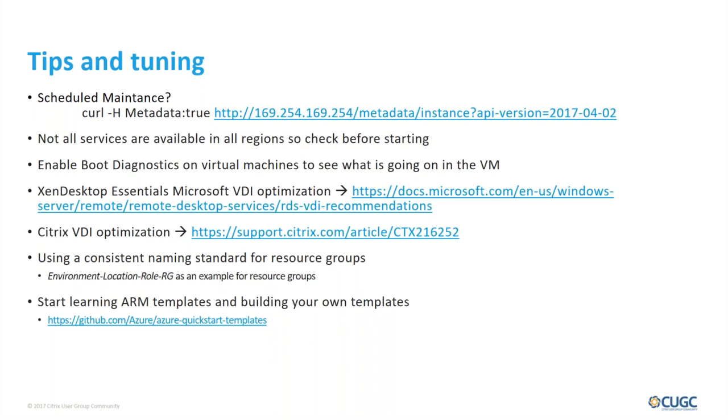So I typically have environment, location, role, and RG to specify it's a resource group. And when you're moving towards Azure, start to learn how to build your own ARM templates. There's a GitHub repository here, which shows many of the built-in ones that Microsoft has created, which can give you some guidelines on how to get started.